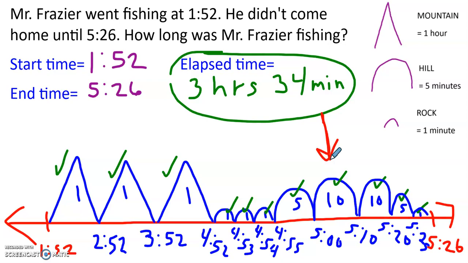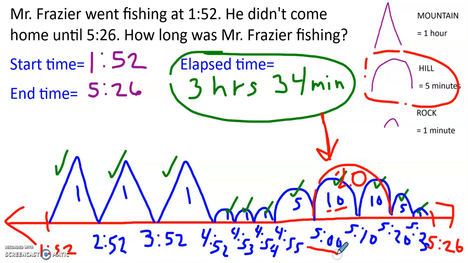So when you're doing your hills, I say hills are 5 minutes, but they can be multiples of 5 minutes. So if you wanted to make a 10-minute hill, you could, as long as you label it as a 10-minute hill. You could make a 20-minute hill, like I could have just made this 20 minutes and put a 20 in it, as long as then I know that I'm going from 5 to 5:20 and labeled it properly.